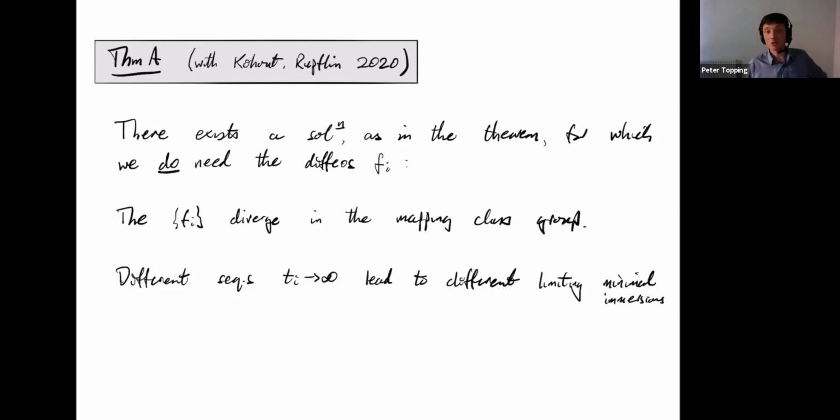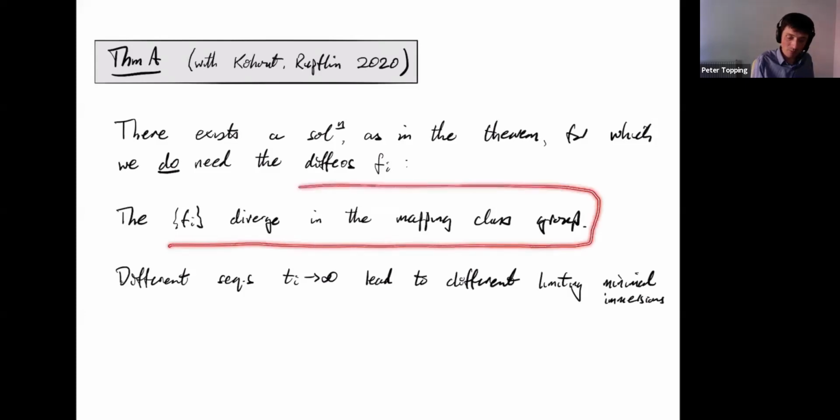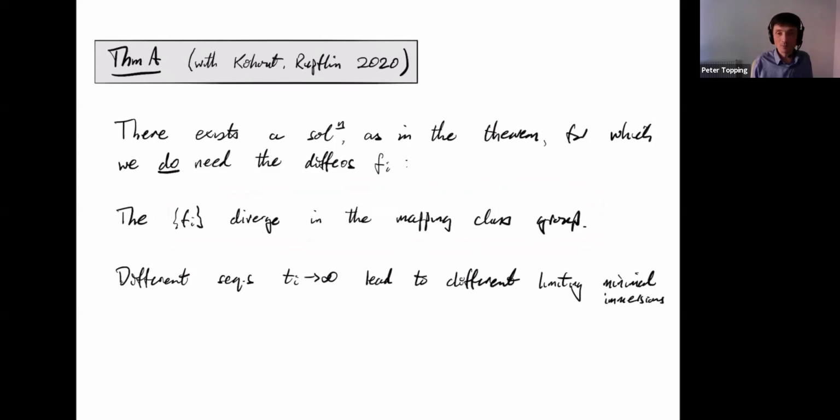So there exists a solution, in this very simple theorem from 2 slides ago, which is actually not so hard to prove. I won't go into it maybe for reasons of time. So that you do need the diffeomorphisms. There's no way of getting it without. So maybe the cleanest way of saying that, for people who know what it is, is to say that these F_i diverge in the mapping class group. Don't worry if you're not familiar with that.